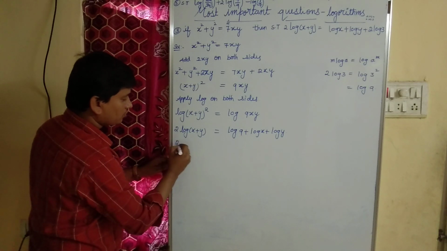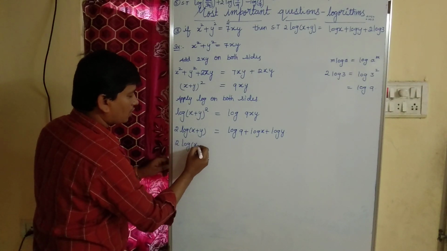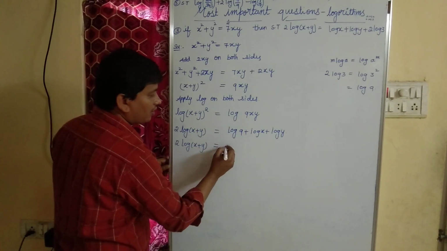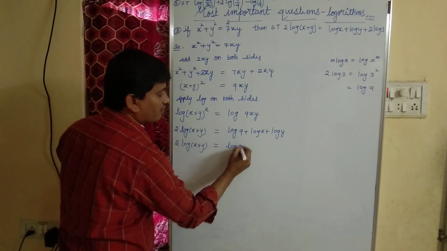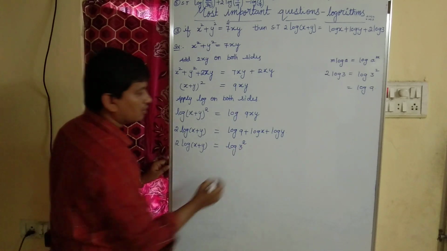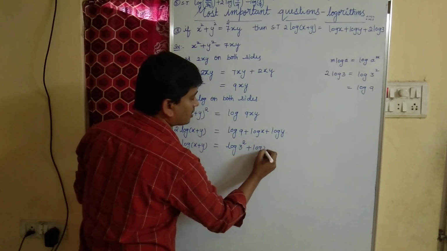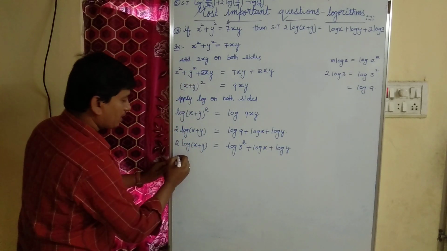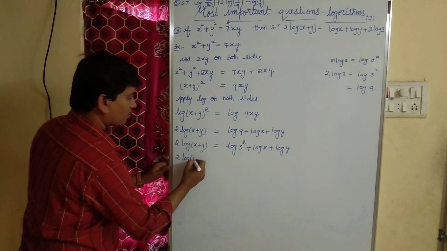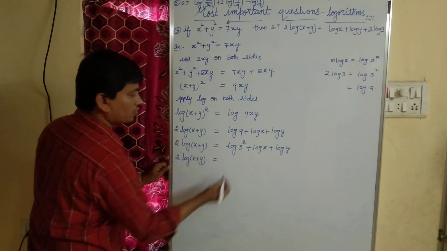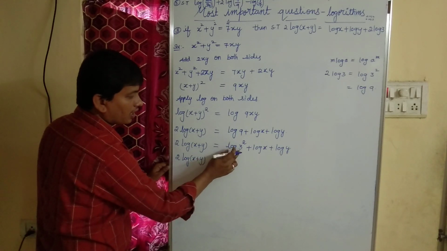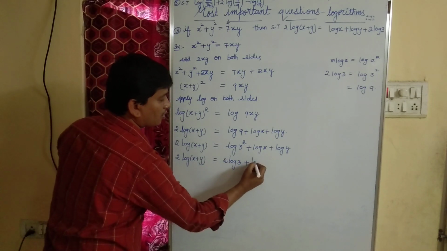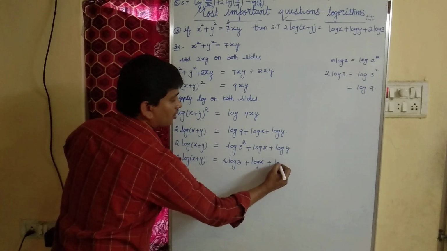Now 2 into log of (x plus y) equal to log 9, I can write as 3 square, plus log x plus log y. Which is in the form of log a power m, I can write as m log a: 2 log 3 plus log x plus log y.